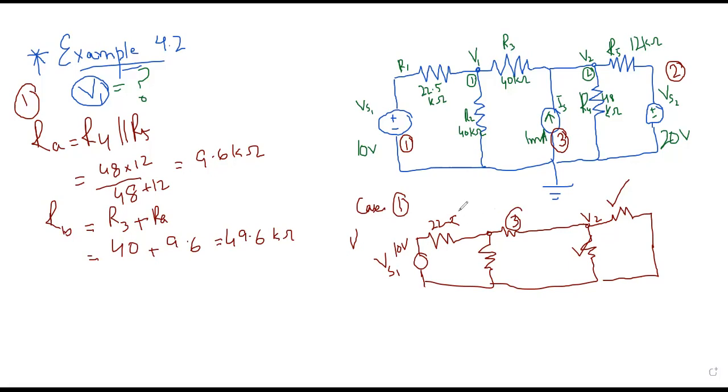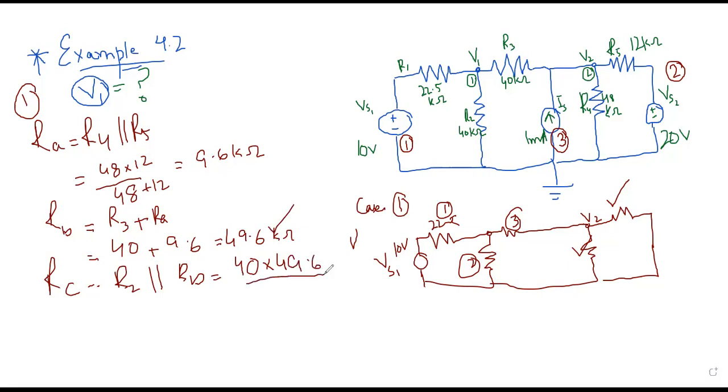Now for the last part, RC. RC is when I am using this point 1 and this is my point 2. So RC basically is when R2 is parallel to RB. So RC equals R2 parallel to RB, and this will be 40 multiplied by 49.6, that is my RB value, then whole divided by 40 plus 49.6.